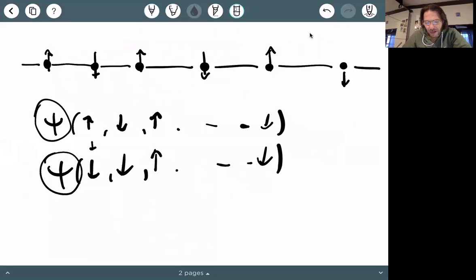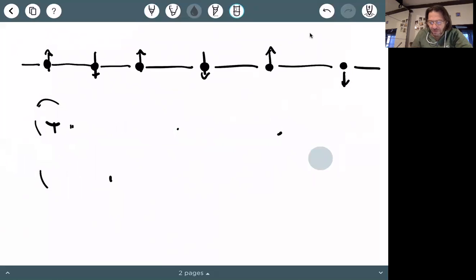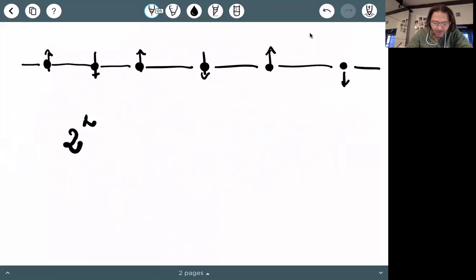And how many such combinations are there? Well, for such a simple system, I have two combinations for each site. So I have 2 to the n numbers to specify to get the wave function defined. And the point that I want to emphasize is that this quantity grows exponentially.